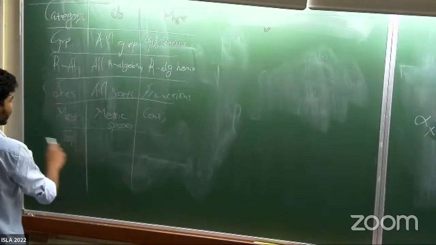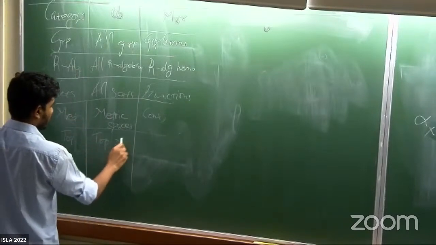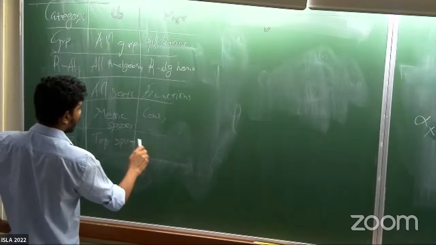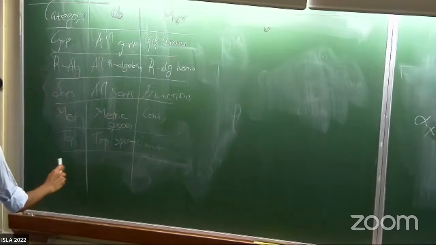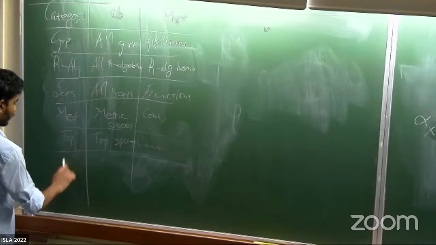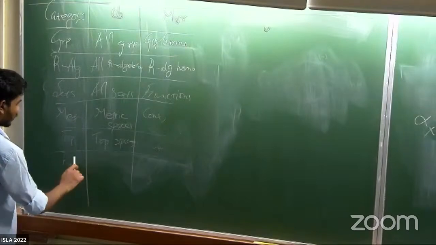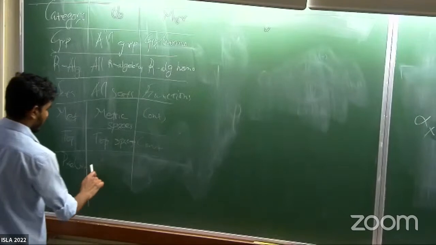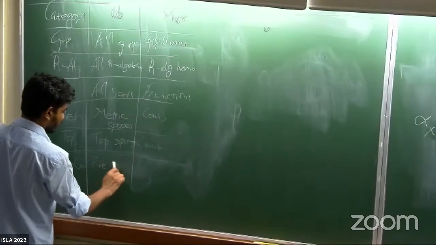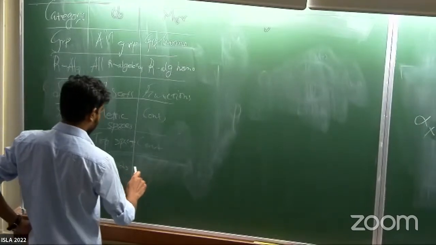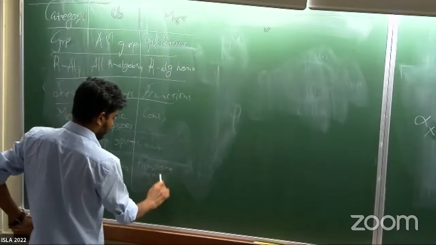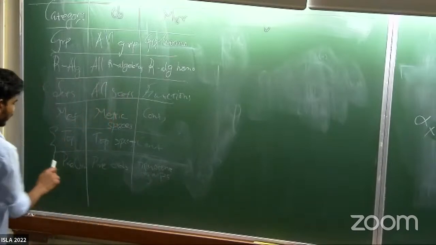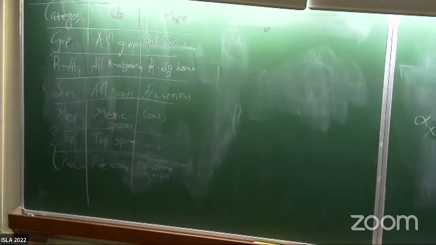You have topological spaces, Top, and continuous maps, and so on. The last two lectures were on pre-orders or posets, whatever you like. You had pre-orders here and monotone maps. And these were the last two lectures. All right.